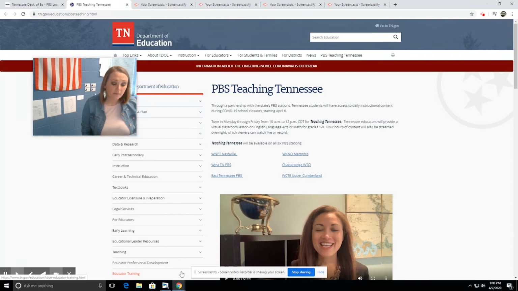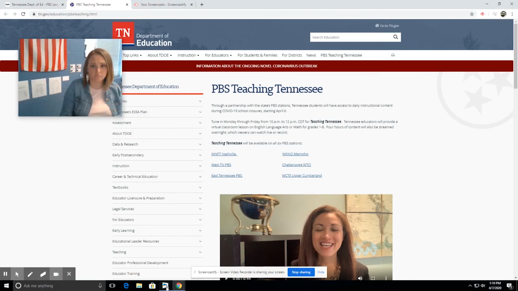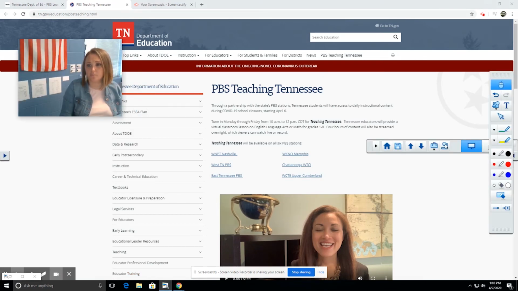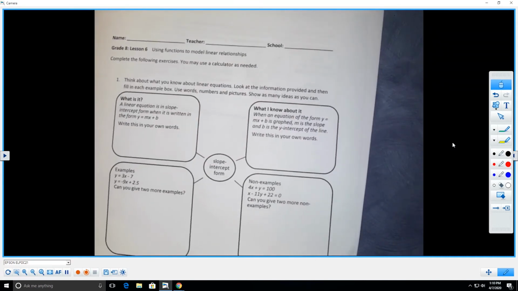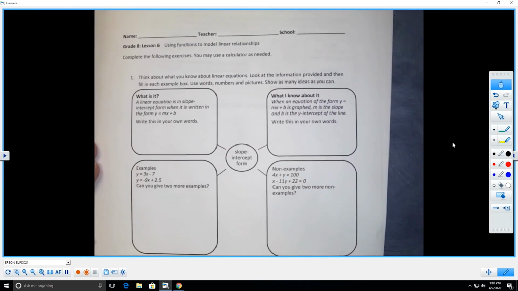I will show you the independent practice problems now, or you can find them on the student practice for this lesson on our website, www.tn.gov/education. All right, guys, so I'm going to pull up our practice problems that are available on the website. I'm going to let you go through number 1 on your own.